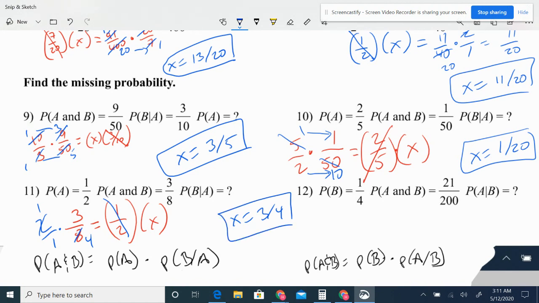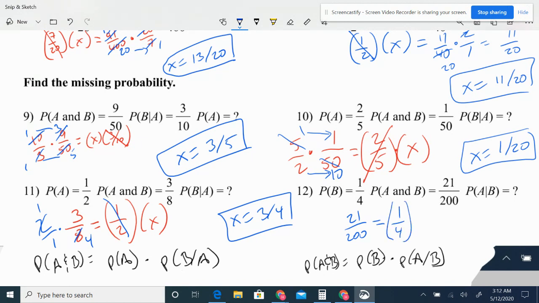Take a look at question number 12. I'm given probability of B, so that means I'm going to be using the second formula. So I have probability of A and B, that's 21 over 200, equals probability of B is 1 over 4.